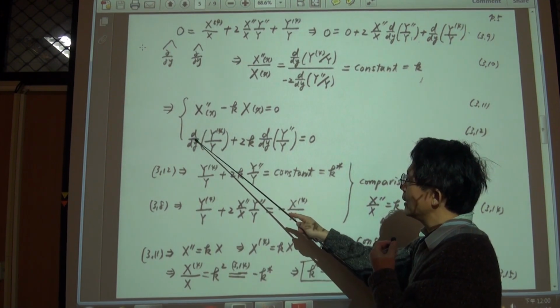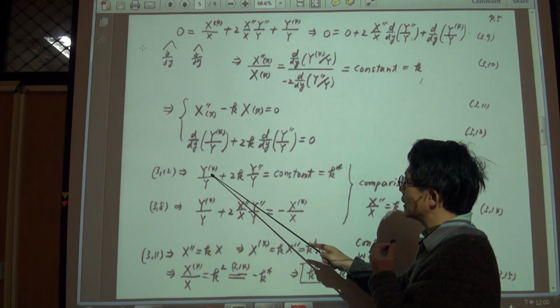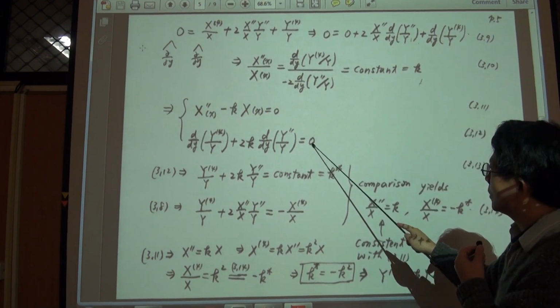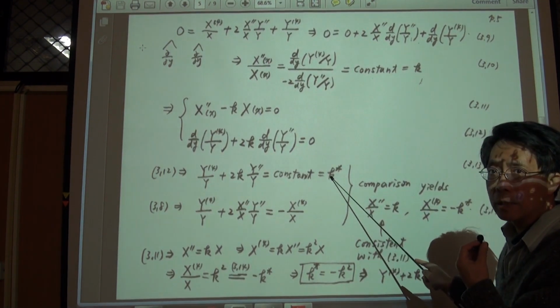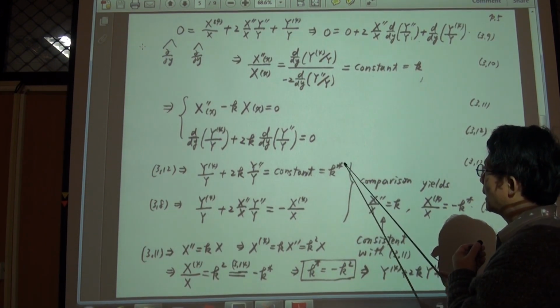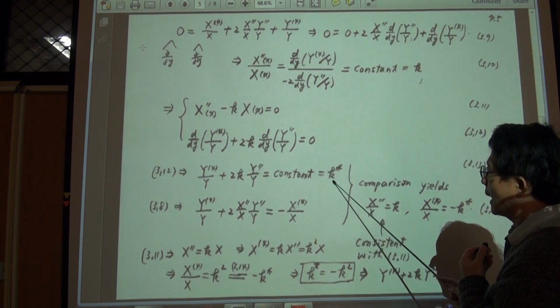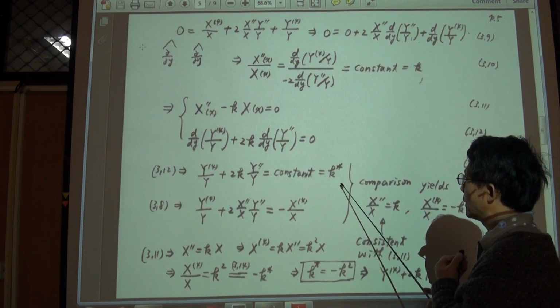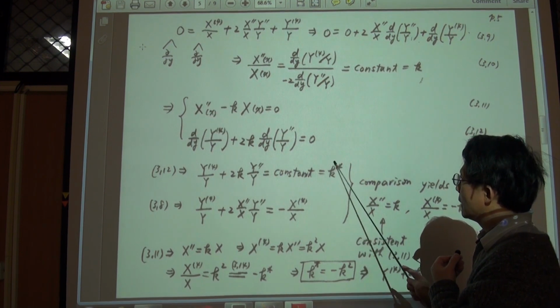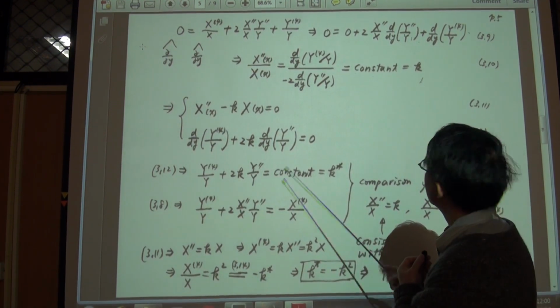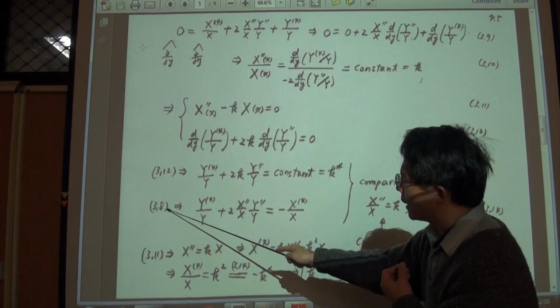Then this one after the integration gives you this term, and this 0 will become k star. This is the integration constant. And then we want to cancel out k star by doing something. We leave it here first. But we call this 3.a.